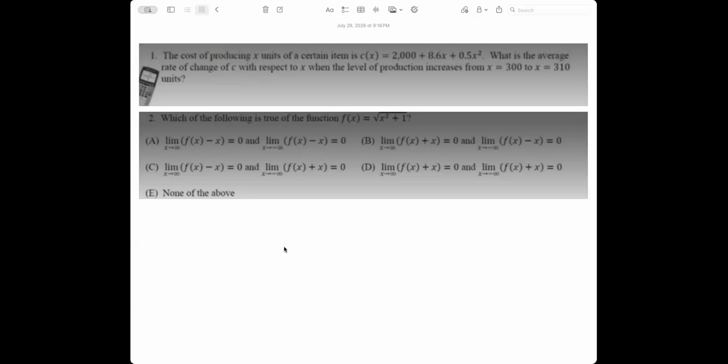Which of the following is true for the function f of x equal to square root of x square plus 1? Arush, this is a problem that we did last week, okay? Now here, for this function, basically this is square root of x square, right? This is basically square root of x. The plus 1 does not carry much value. If you think about the limit tending to infinity or to minus infinity, that does not matter in that big picture, right?